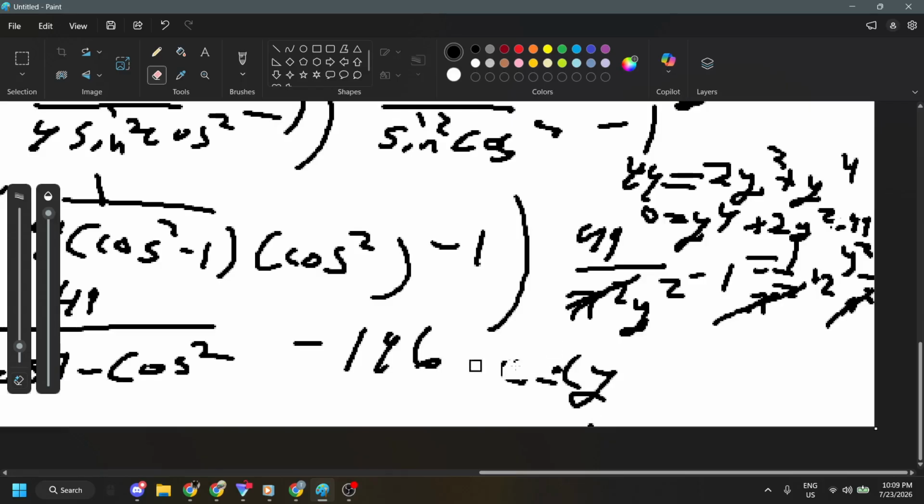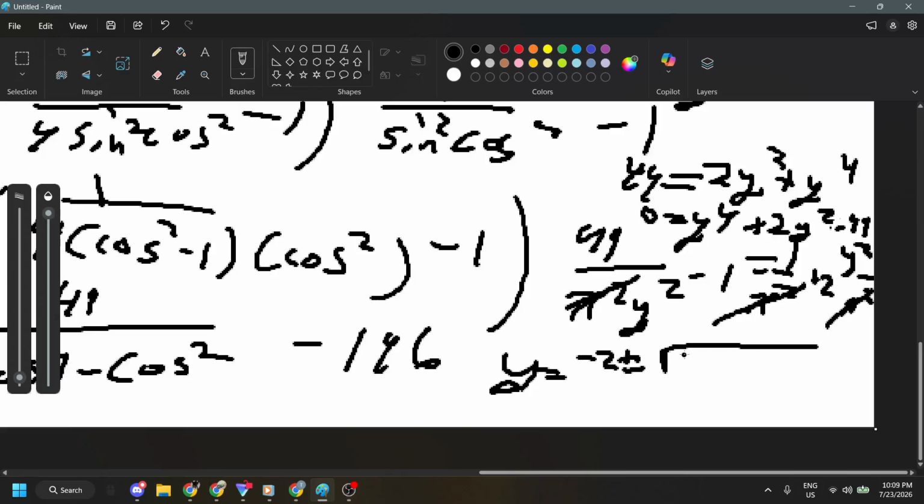The sum of the solutions of this is 2. But no, we actually have to solve. Y is equal to negative 2 plus or minus the square root of 4 minus 4 times, A is 1 and then 49, all over 2.